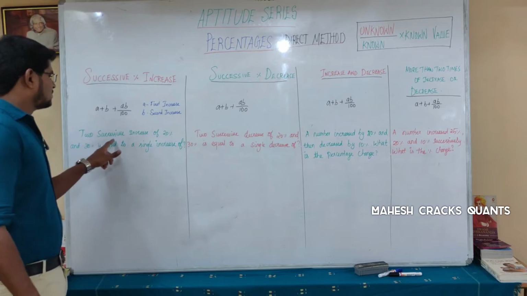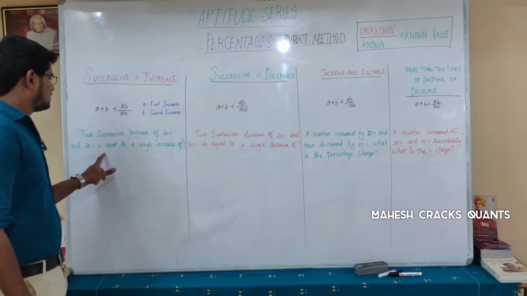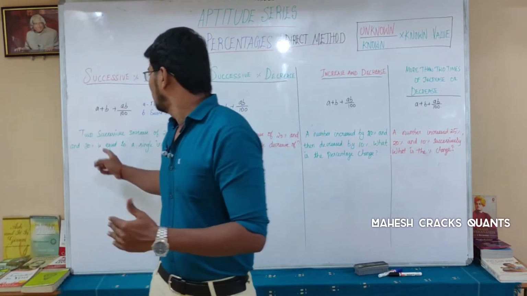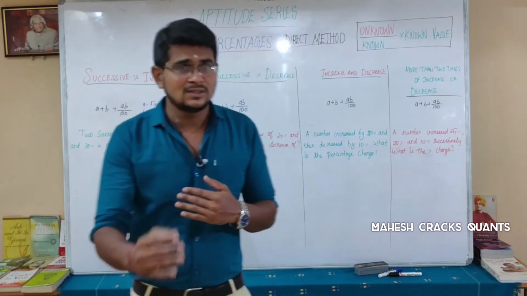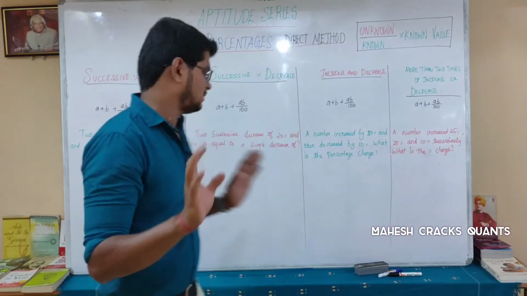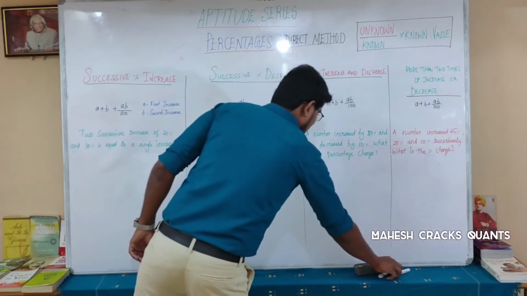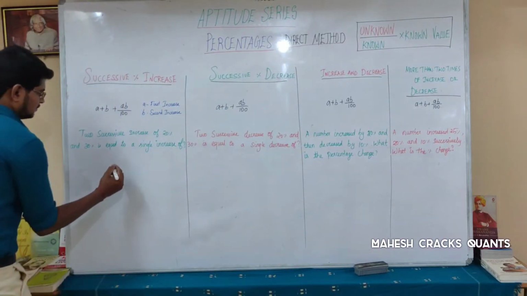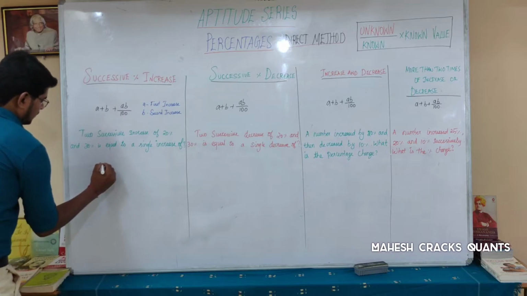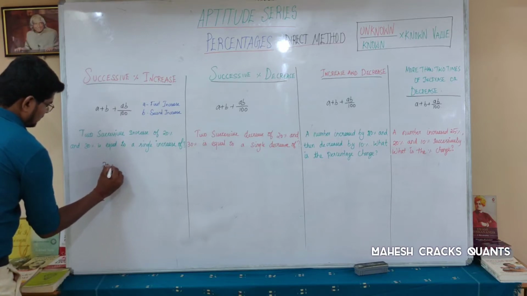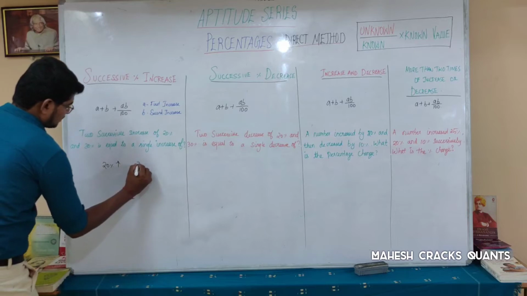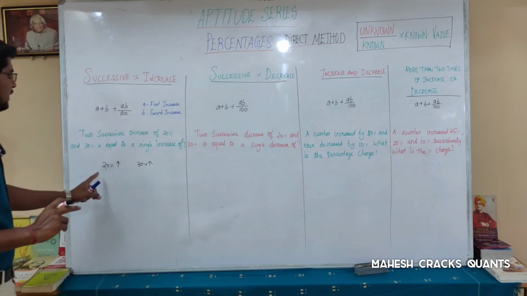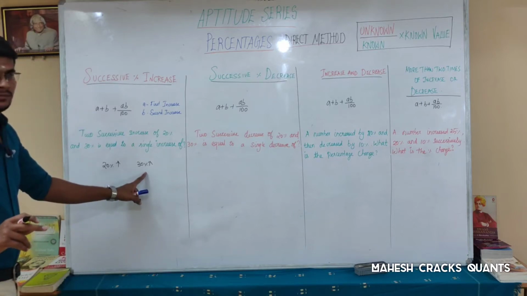Question is, two successive increases of 20% and 30% is equal to a single increase of what? Successively I am increasing 20% and 30%, so what is the overall increase? That is the question. So as I already told you, we are going to use the increase formula. A is 20%, B is 30%.